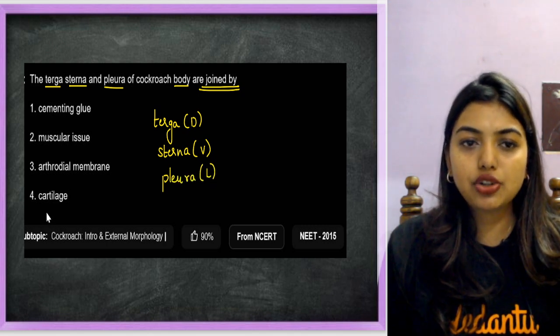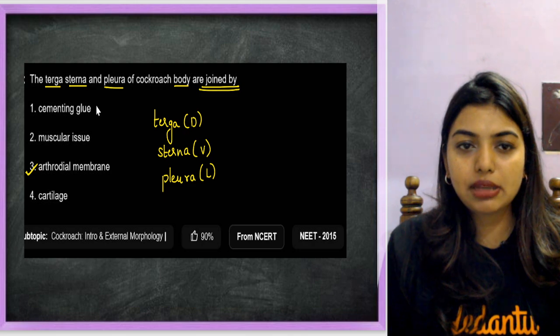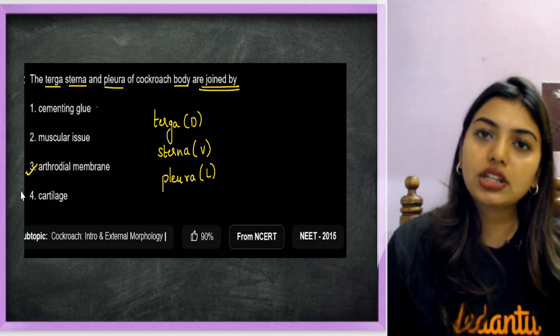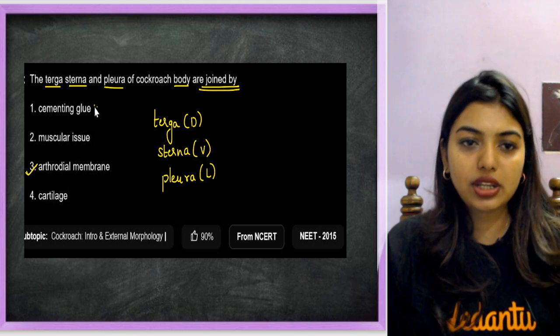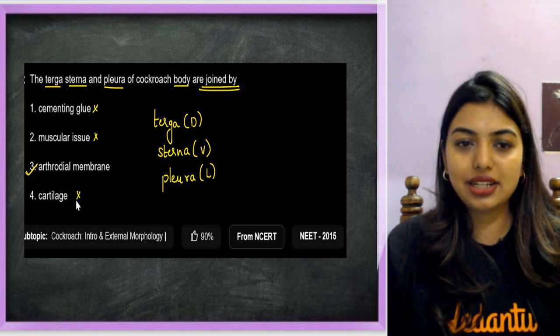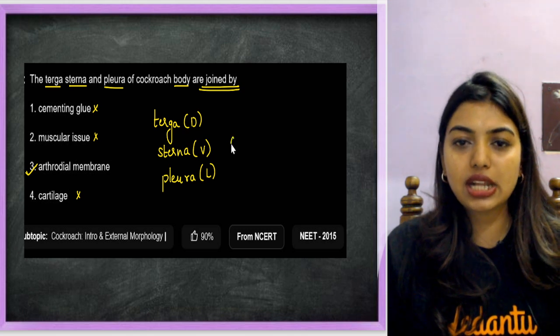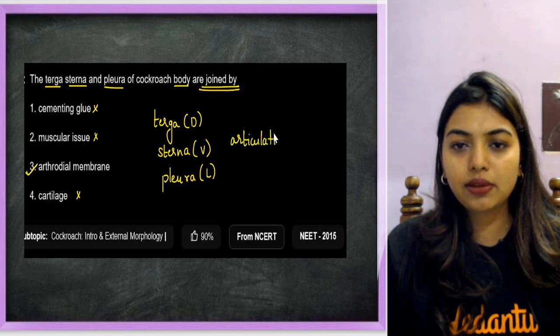These three are joined by arthrodial membrane. Some people will write cementing glue. You're not constructing a house, you're making the chitinous exoskeleton of the cockroach. Don't write cementing glue, don't write muscular tissue, and cartilage. It is arthrodial membrane, which is actually an articulating membrane. Got it? Clear?